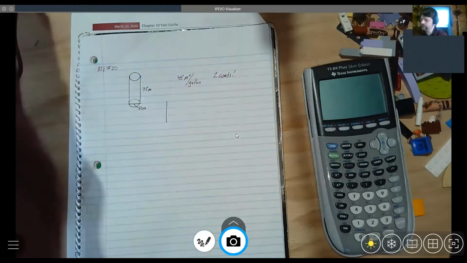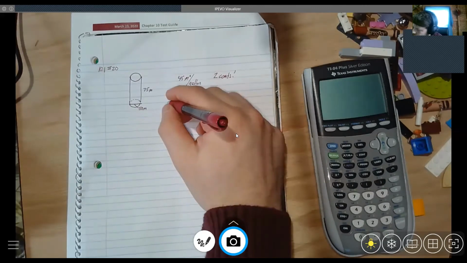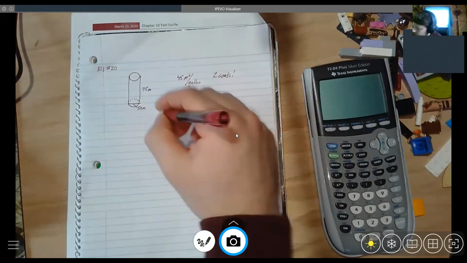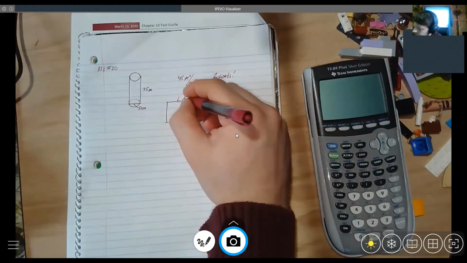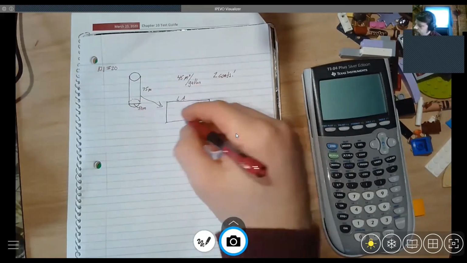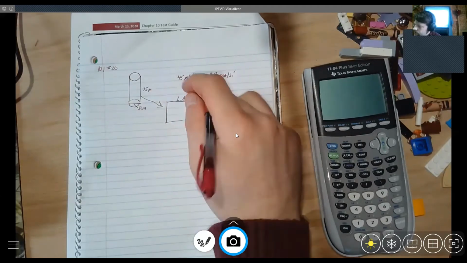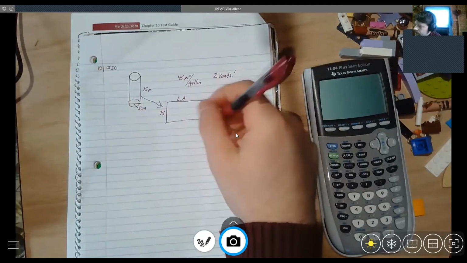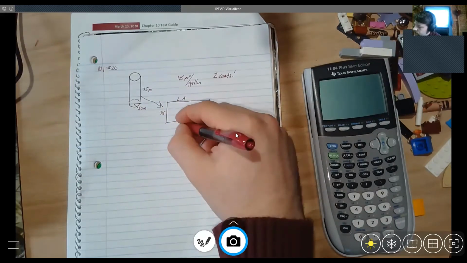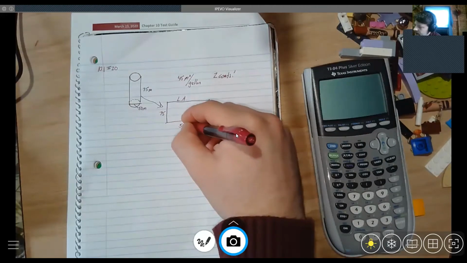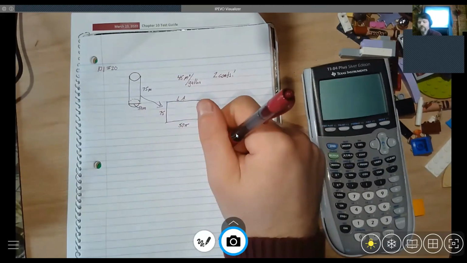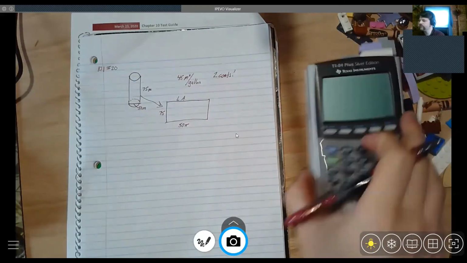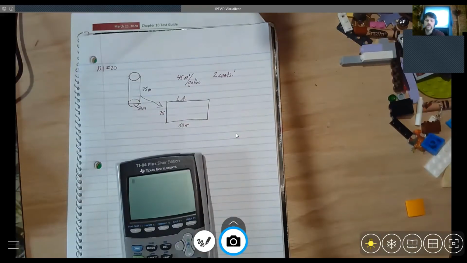So with that in mind, let me draw this rectangle here. This is the lateral area of this cylinder. The height of the cylinder becomes the width of my rectangle, and the circumference, so that would be 50 pi, is the length. So let's do 75 times 50.